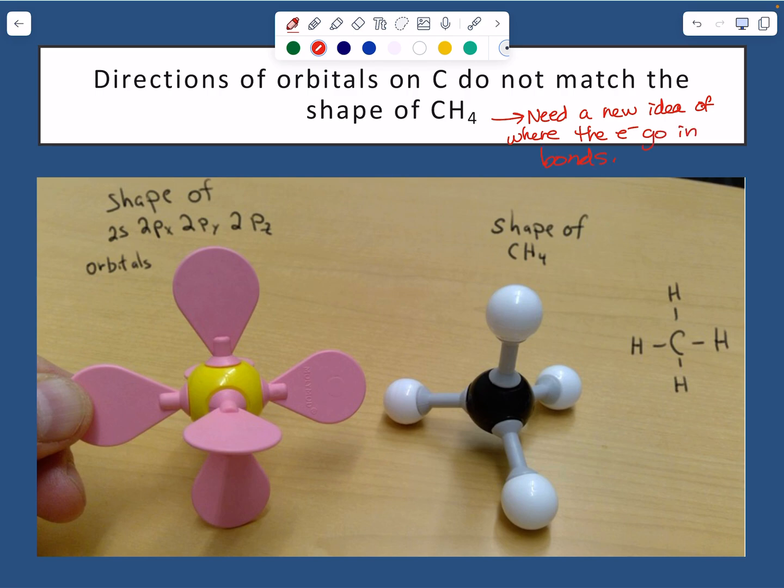And so that's where valence bond theory comes in, and the idea that just making these things overlap doesn't give us the right shape. It makes some sense when you think about when you add another nuclei, now there are different forces on the electron. So it makes sense that the electrons are not going to be in the same place.